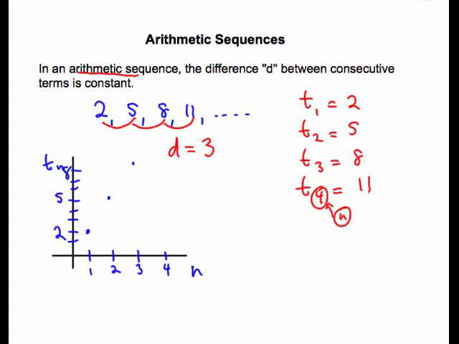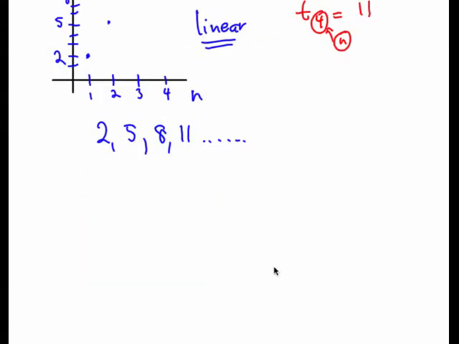And you'll notice that what we have here is a linear pattern, which shouldn't be too surprising from your study of linear functions because the rate of change from term to term is constant. It's 3.